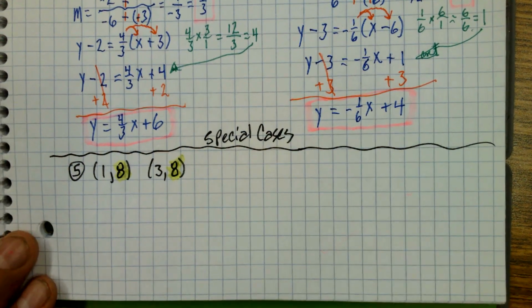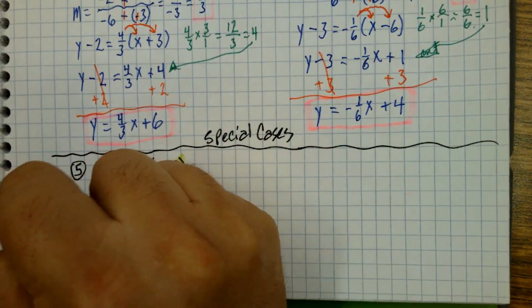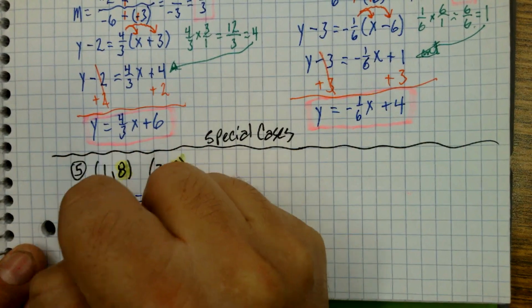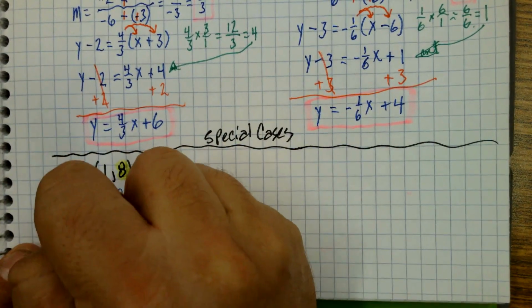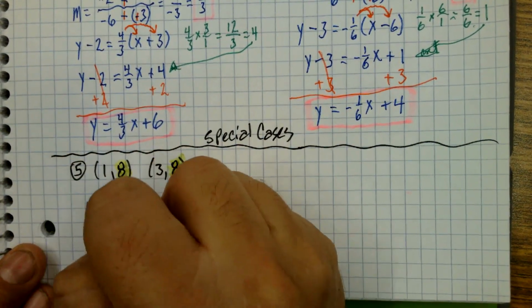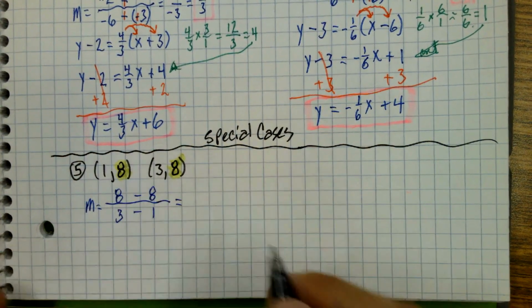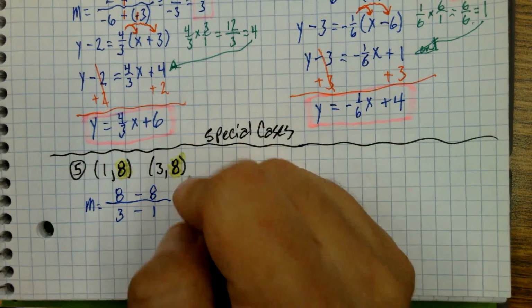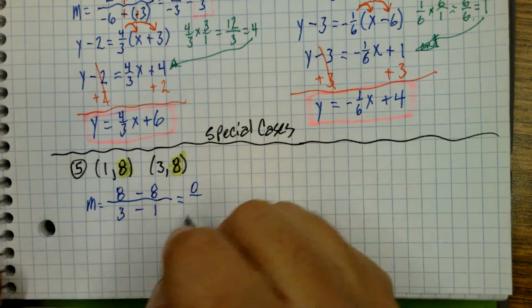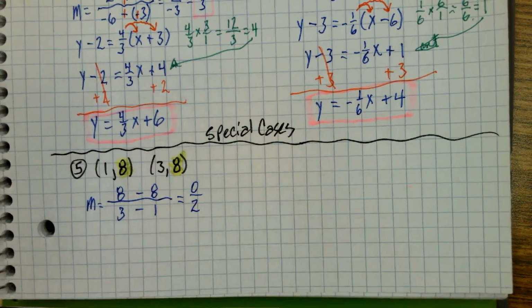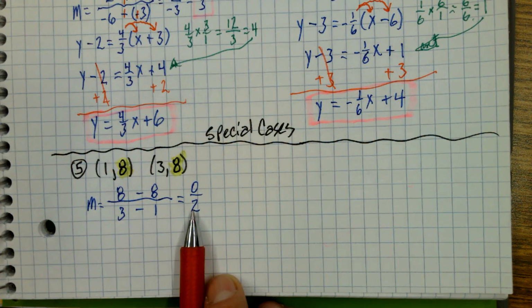Okay, here we go. Let's find the slope. So this is going to be 8 and 3 on the bottom, 8 and 1 on the bottom. So 8 minus 8, 0. 3 minus 1, 2. What kind of slope is this? Undefined would be if it's in the denominator.